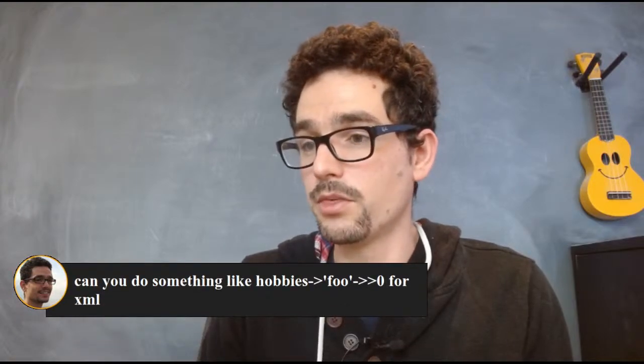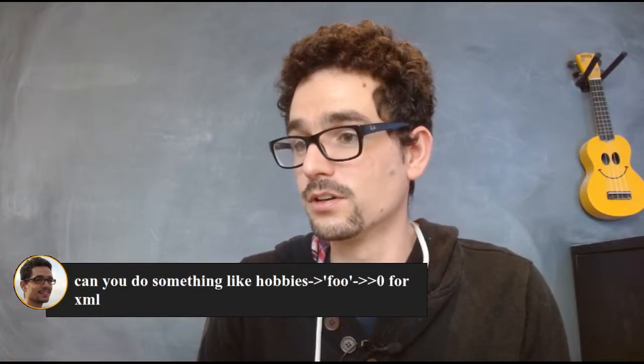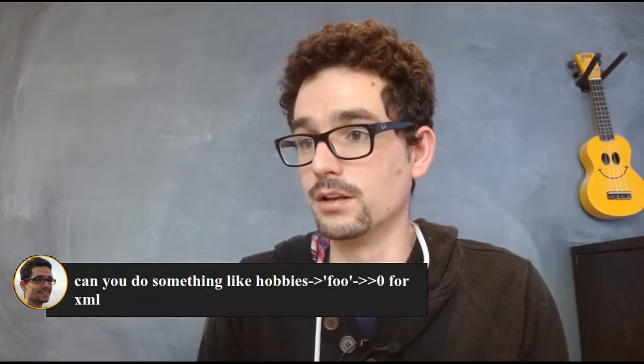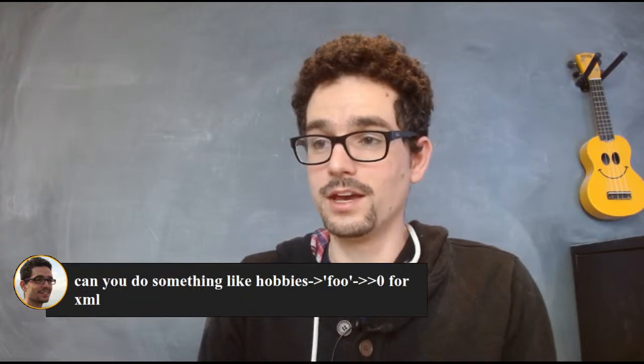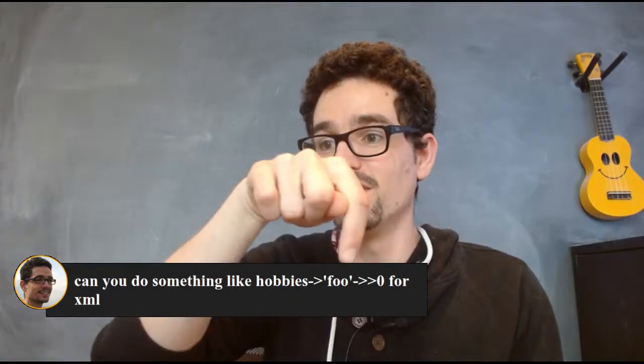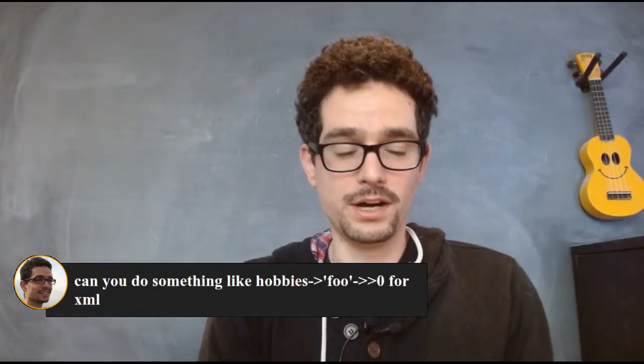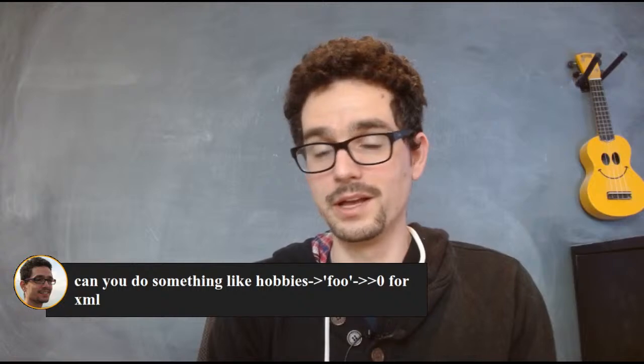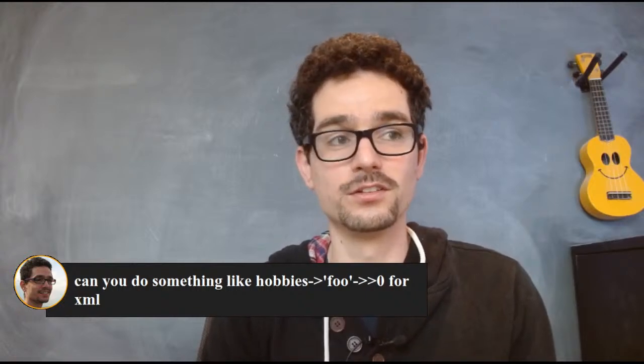I see. Can you do something like hobbies arrow foo arrow 0 for XML? Yeah, these arrow things are part of PostgreSQL's implementation for JSON.